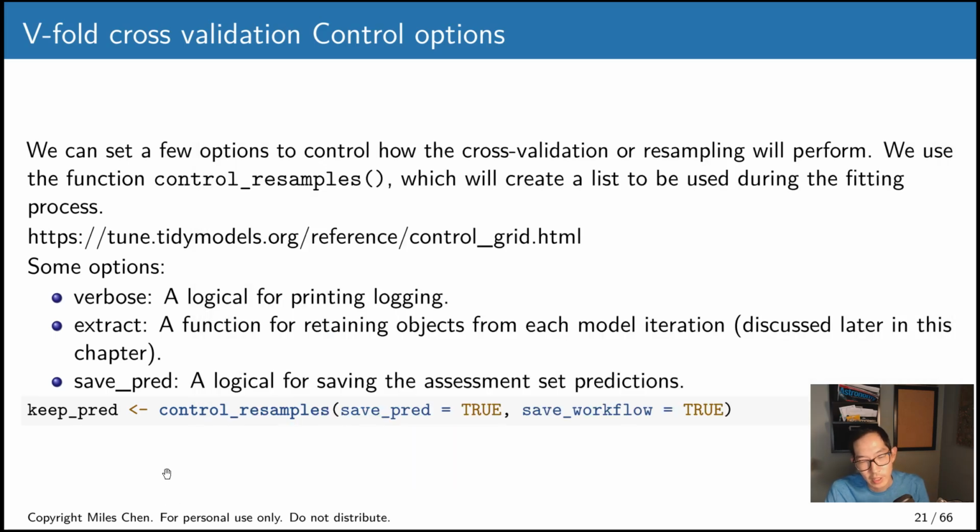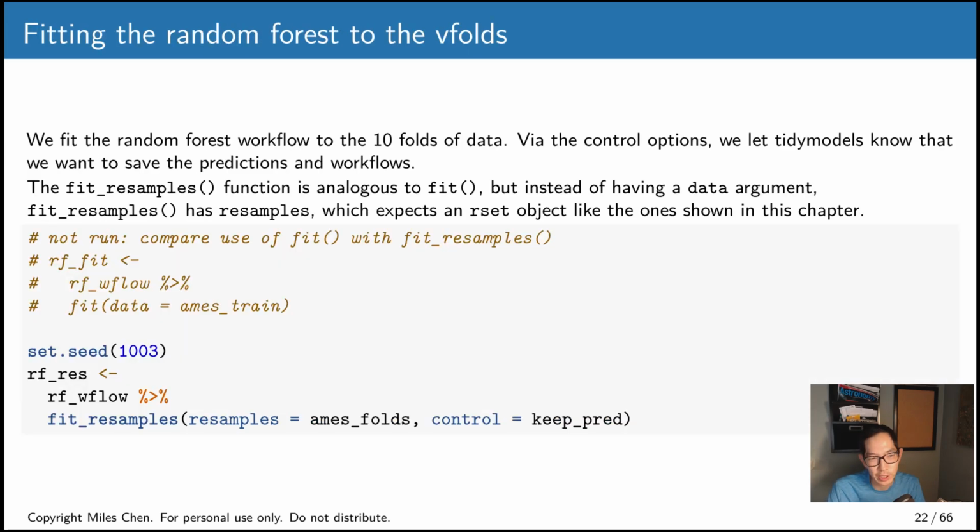So, do you want to save that information? Here we say yes. We're going to call this keep_pred, an arbitrary name I'm creating for the control resamples object, which is how we pass along these settings when we do the vfold cross-validation.